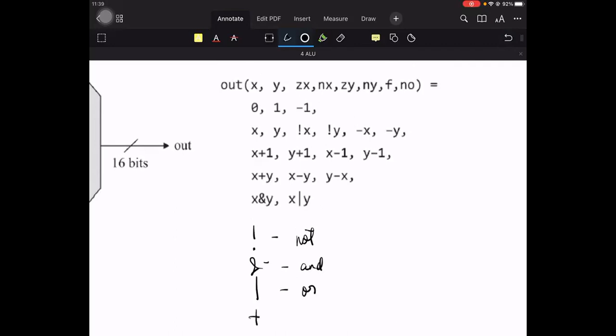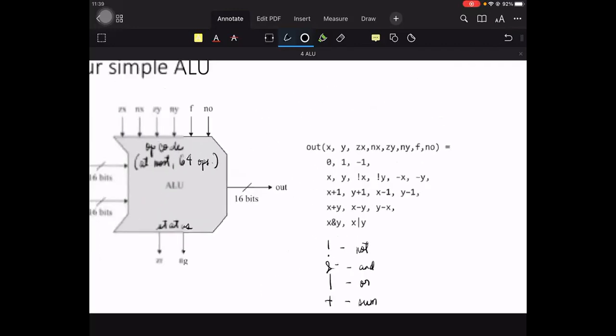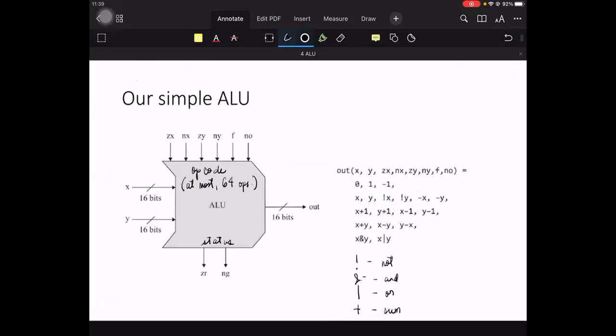And of course, the plus symbol is summation. So these are the notations that we'll be using for our 18 opcodes. 18 in the book: 1, 2, 3, 4, 5, 6, 7, 8, 9, 10, 11, 12, 13, 14, 15, 16, 17, 18.